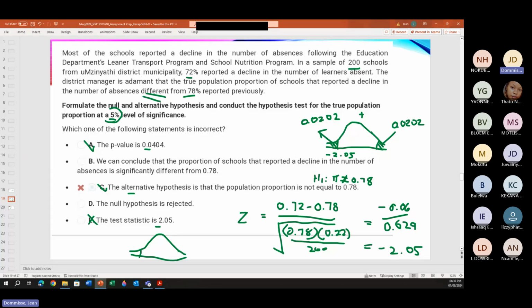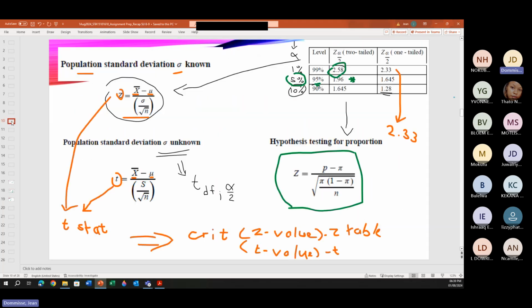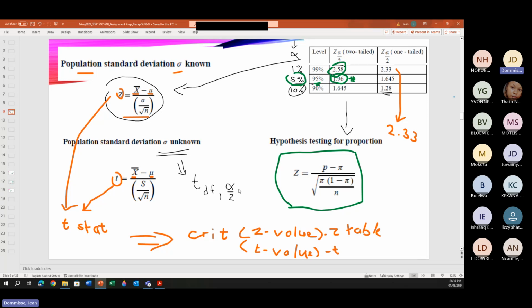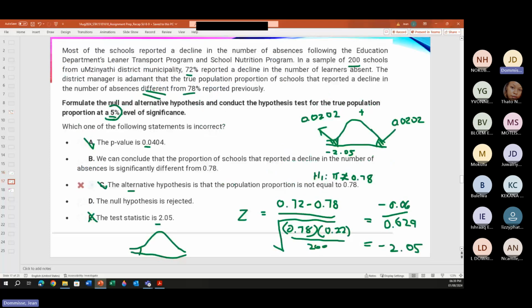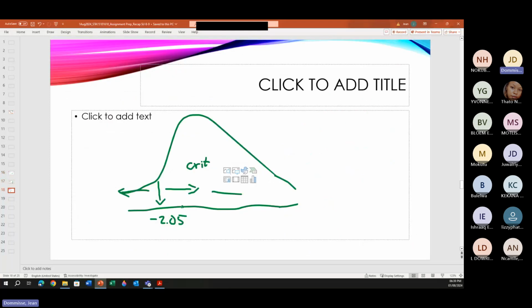So also important, they give that to us so that we can go to that table. I'm going to take this one out, take that one out. So 5% level, we were testing it against two-tail, 5% level, again 1.96. So just remember 1.96, but then it will be on the negative side, minus 1.96. So that is our critical value.